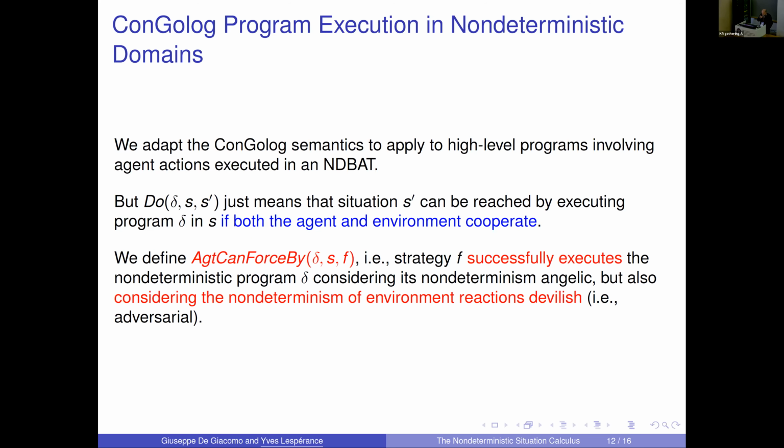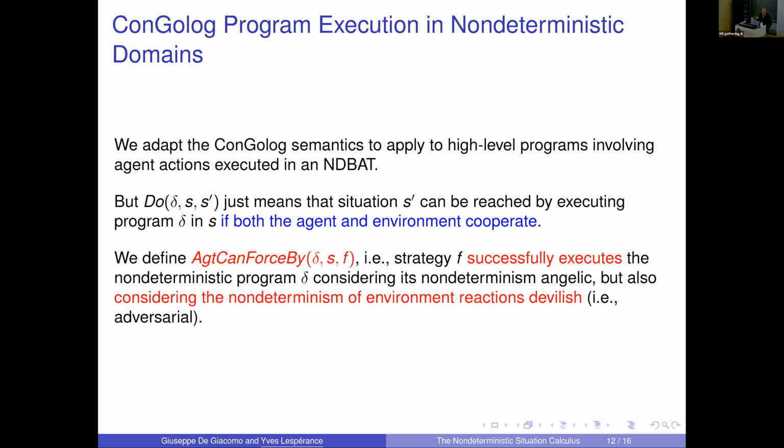We also looked at ConGolog program execution, because in ConGolog programs you have non-determinism, but we want to say that the non-determinism there is angelic. The agent chooses how to execute the program, but of course he doesn't control the environment reaction.